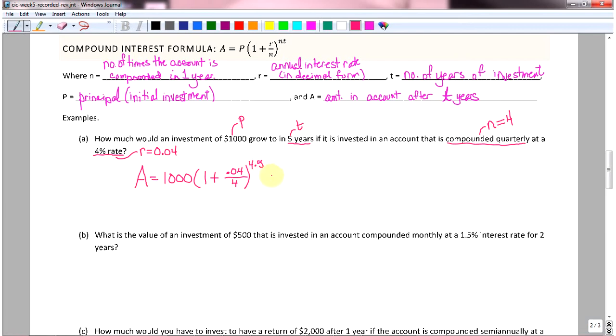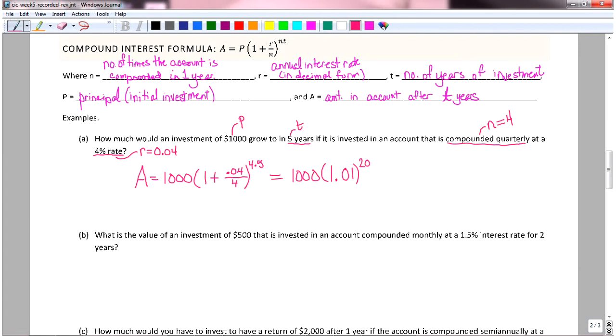Let's simplify this a little bit to make it easier to put in the calculator. We have 1,000 times, well, 0.04 divided by 4 is 0.01. So inside the parentheses we have 1.01 raised to the 20th power.